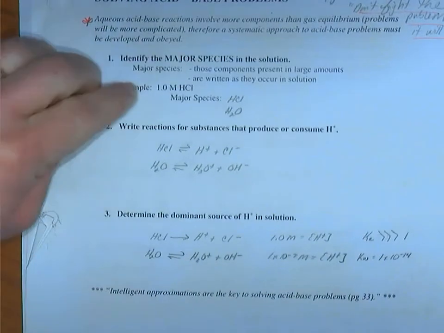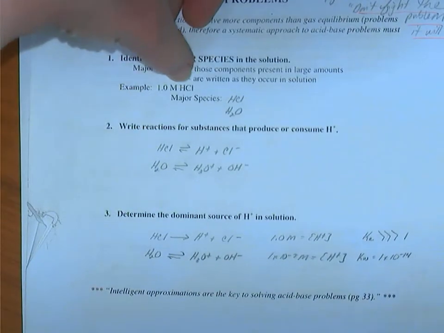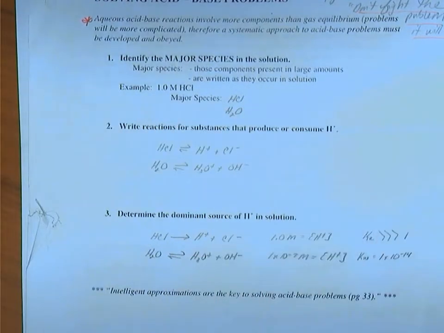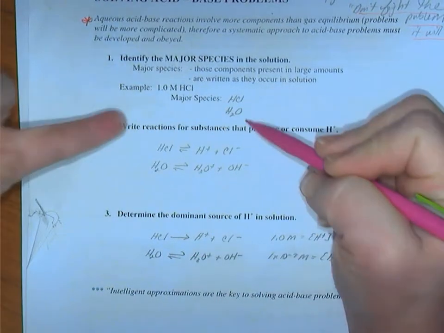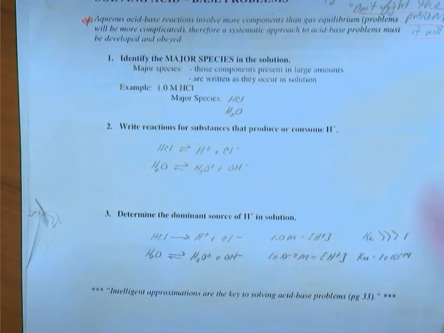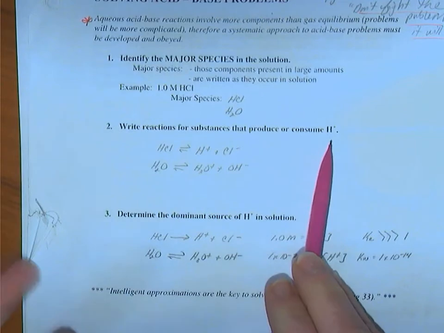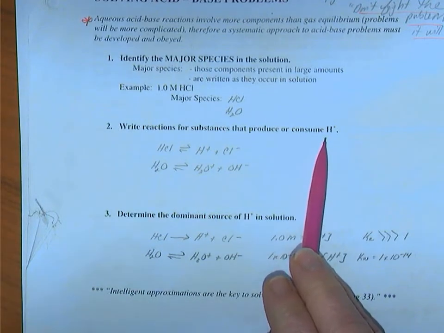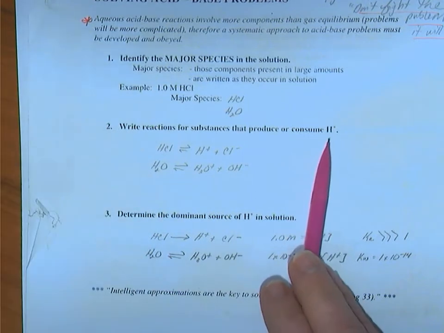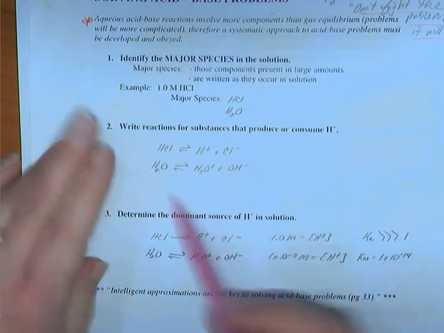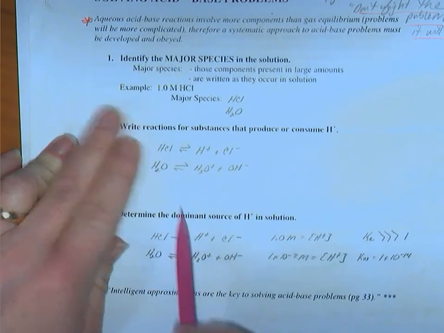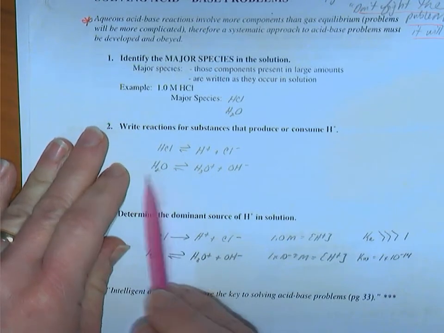If we have a 1 molar strong acid solution, we should be asking ourselves, okay, what do we have in greatest concentration? Well, of course, we'd have water as our solvent and then the HCl. If we're trying to figure out what is responsible for producing or consuming the hydrogen ion, we know that this will completely ionize, and then we're going to get a little bit of the self-ionization of water.